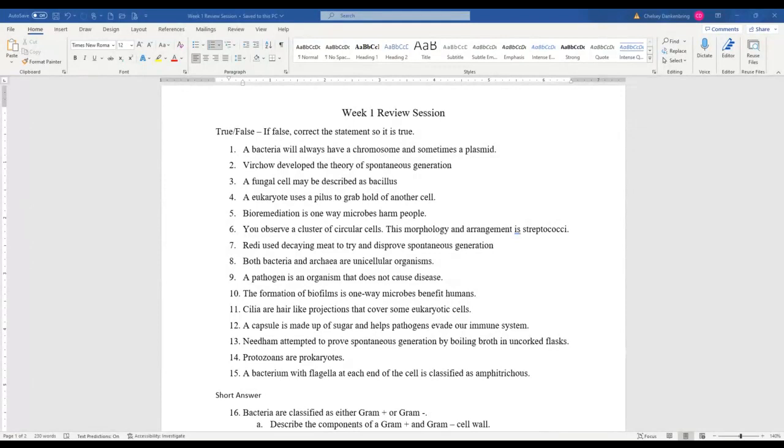So Virchow developed the theory of biogenesis, which states that living things come from other living things. He didn't offer any extra evidence to support this, but he was trying to give people something to hold on to, right? We've learned a lot the past 2 years. People don't just abandon their beliefs because you tell them to.